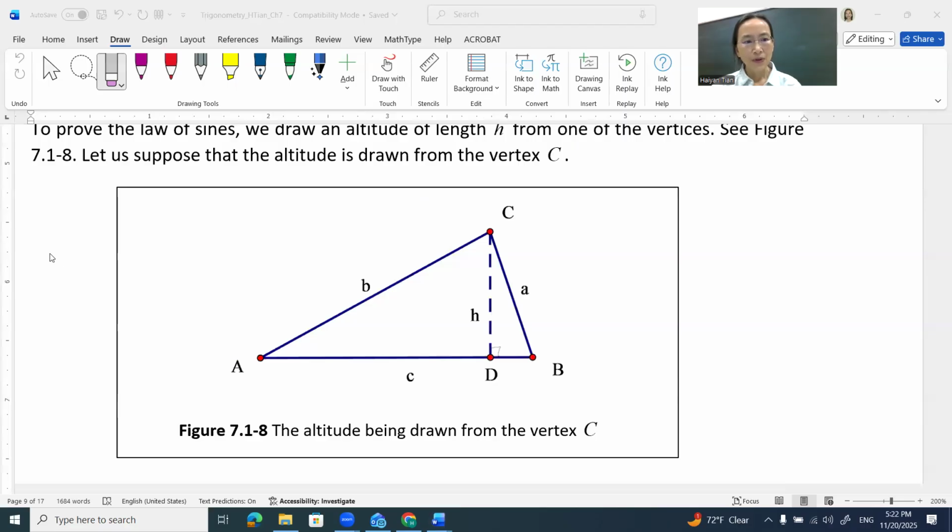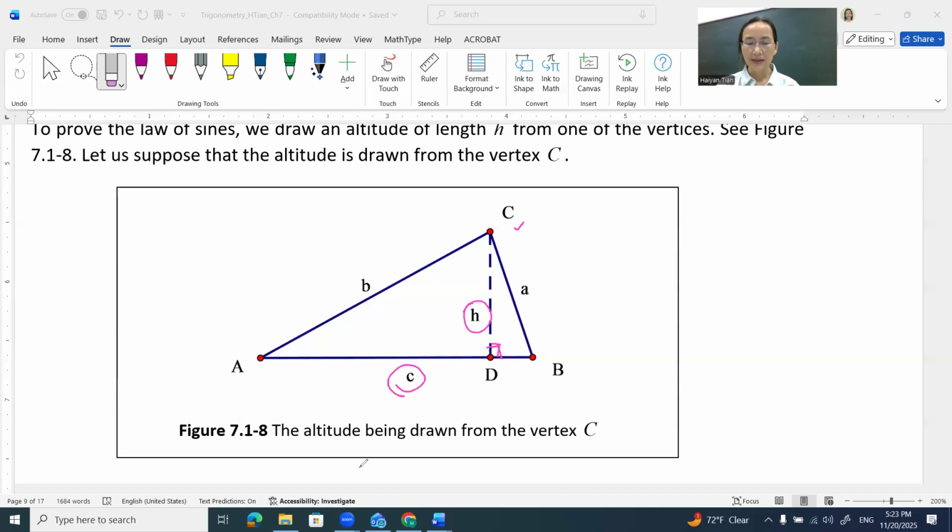So if we think of a triangle, I'll just grab a triangle, ABC, and suppose I draw a vertical line from the vertex C. Then we can call this one H. That's the height of the triangle.